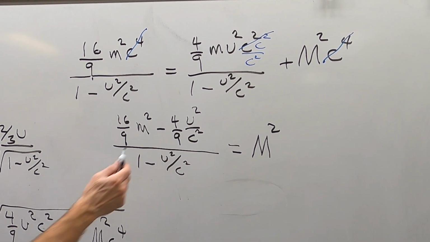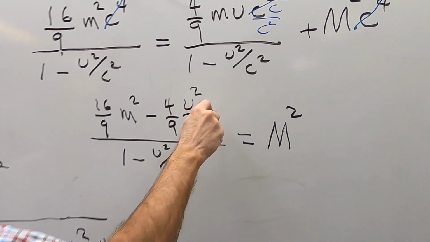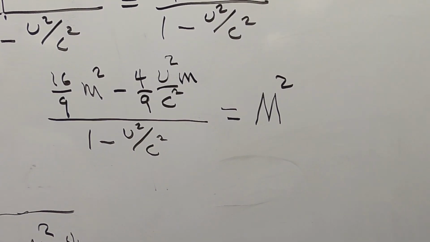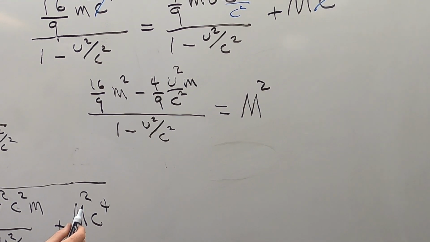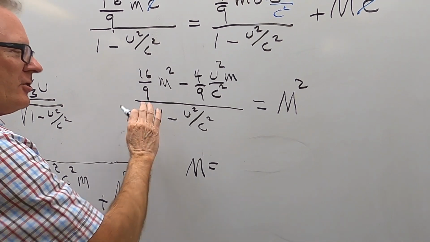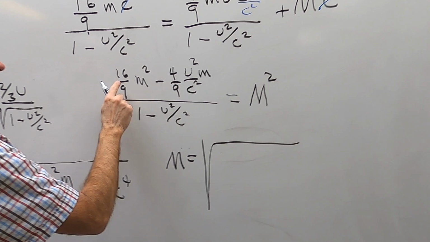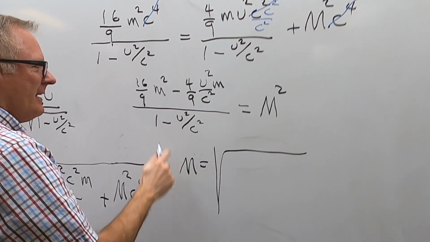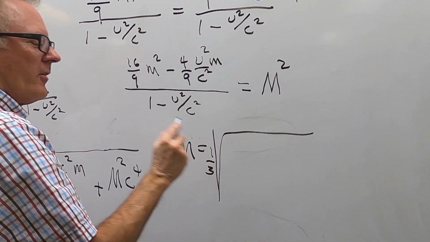Oh, well, I can pull out some stuff here. There must be an m over here too, an m right there. Then just take the square root of both sides. So it looks like big M is equal to the square root of this. Actually, I can pull out the 9th, so that's 1/3 out in front.